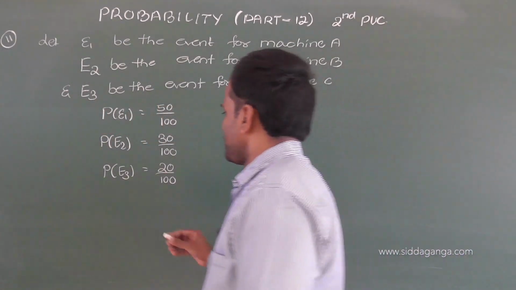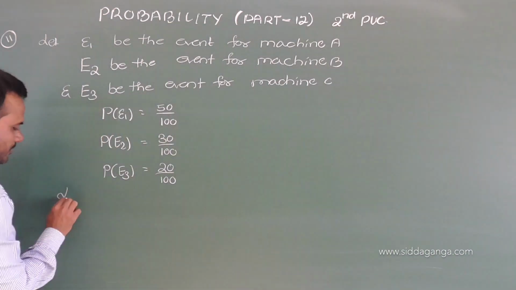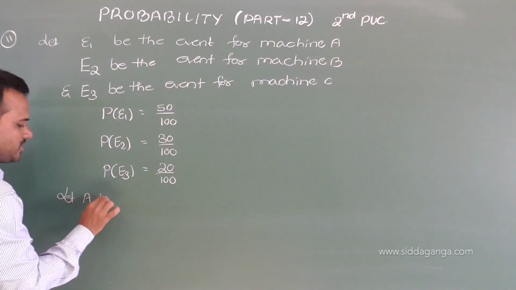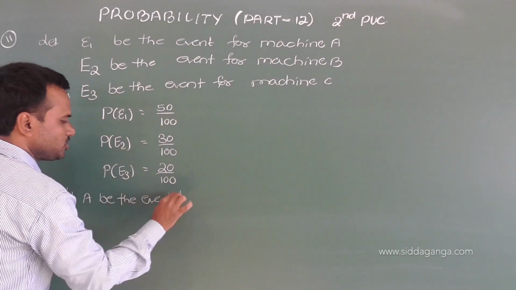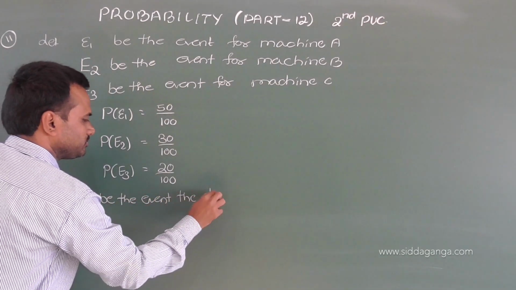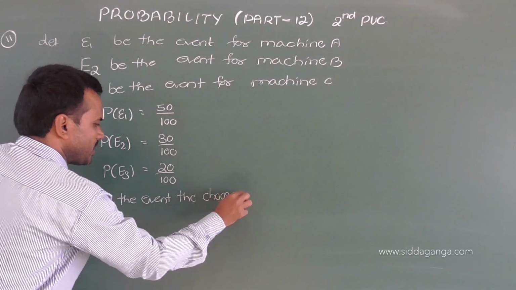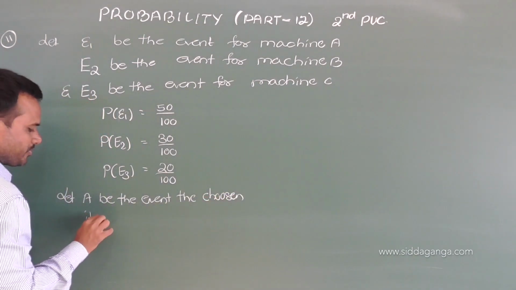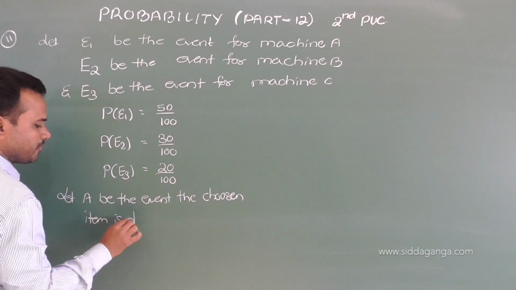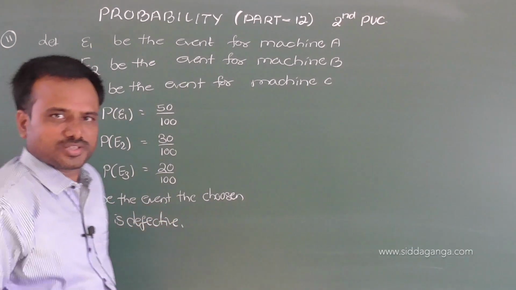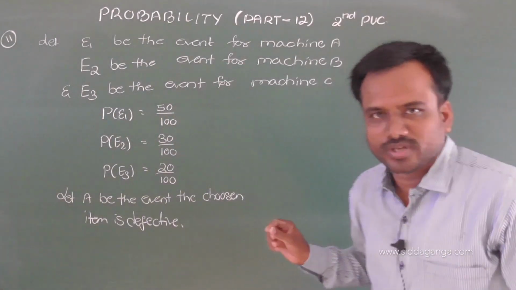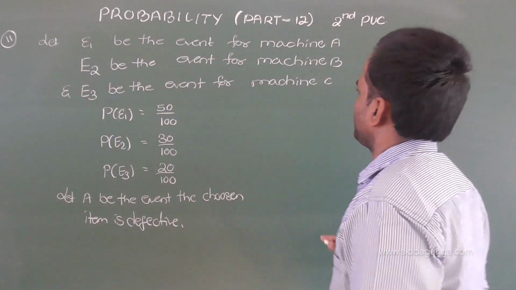What about the event A? Let A be the event that the chosen item is defective.